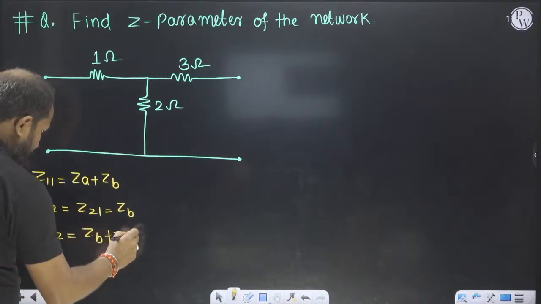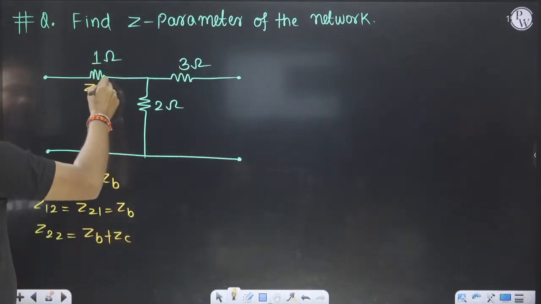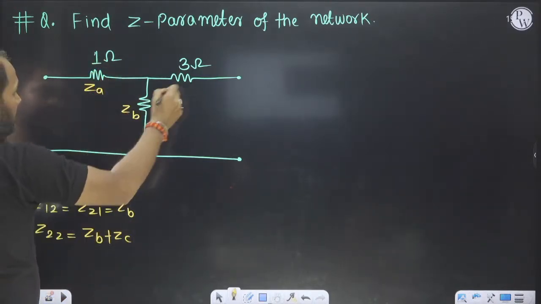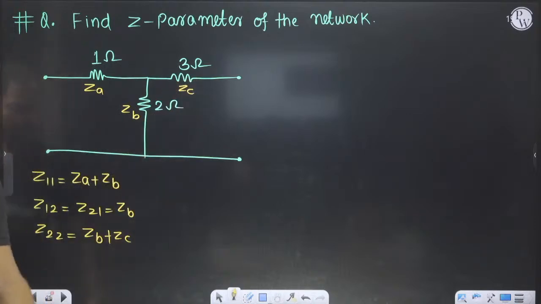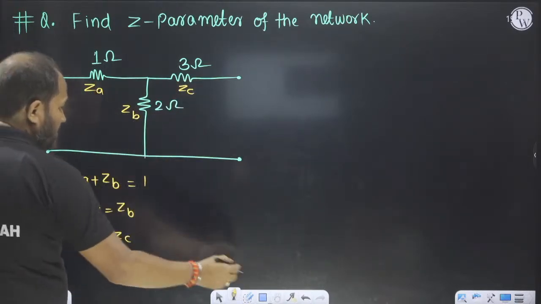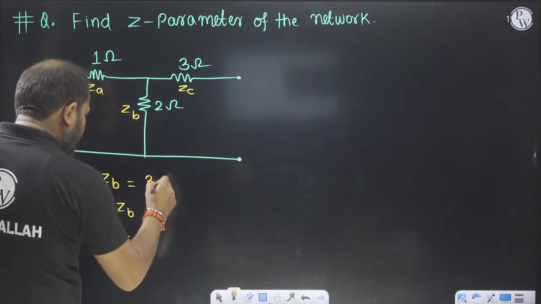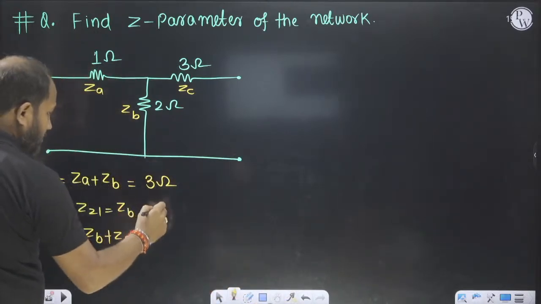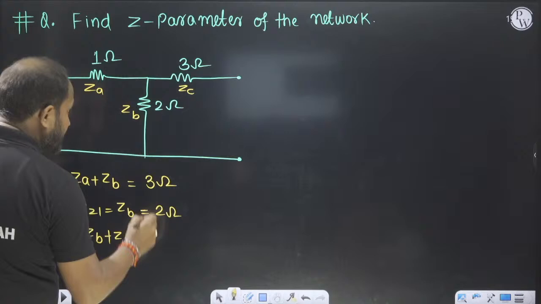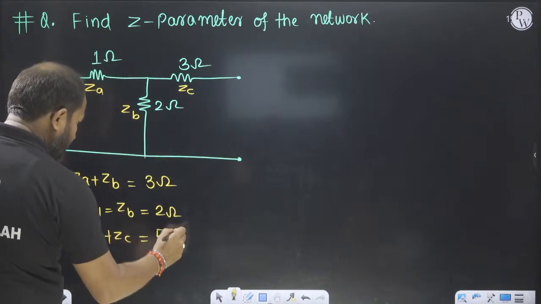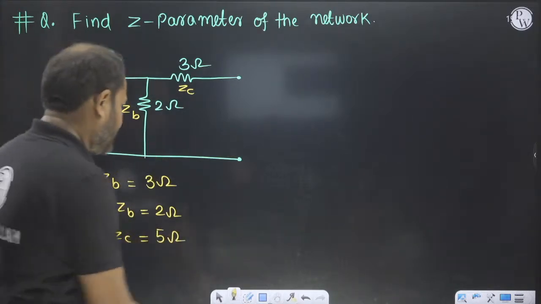So this is ZA, this is ZB and this is ZC. So we have ZA is equal to 1 ohm, ZA plus ZB 3 ohm, and ZB 2 ohm, and ZB plus ZC 5 ohm. So we have Z parameter.